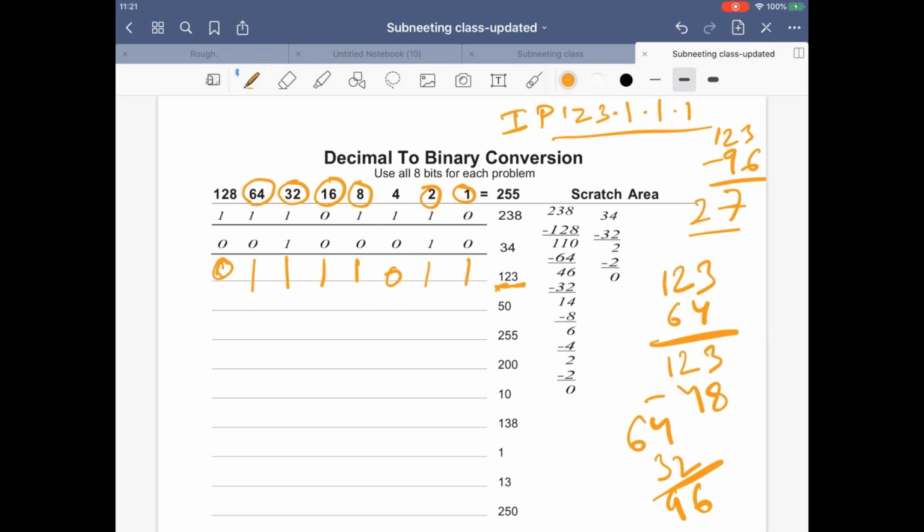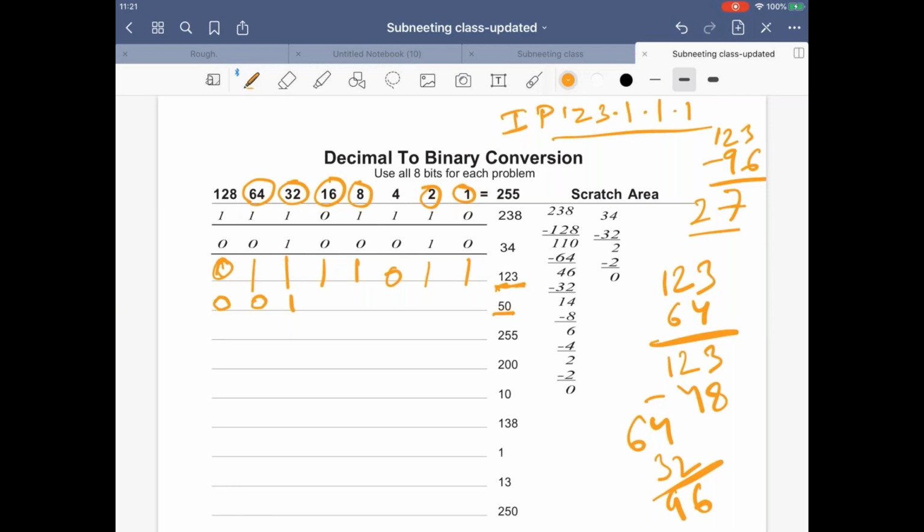Right? Next one. The decimal value is 50, and you have to convert this decimal value in binary. What will be the answer? 128 will be 0, 64 will be 0. We can put 1 here. 50 minus 32, how much? 18.